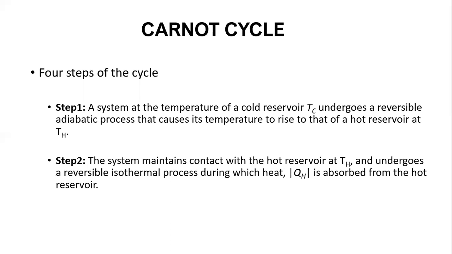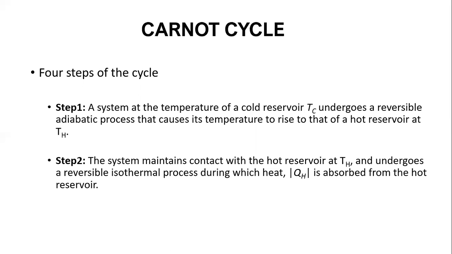For the first one, we have a system at the temperature of the cold reservoir, TC, undergoing a reversible adiabatic process. Do you remember what adiabatic means? It is a process with no heat exchange that causes its temperature to rise to that of the hot reservoir at TH.